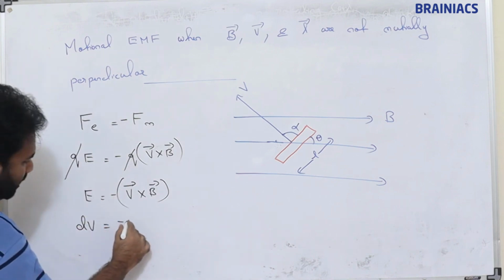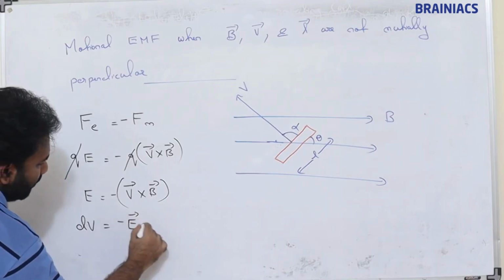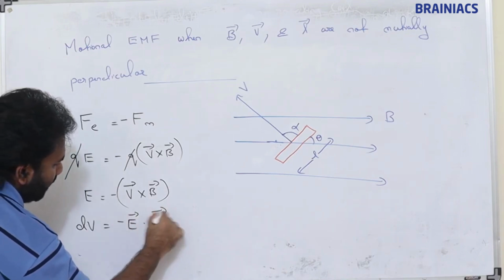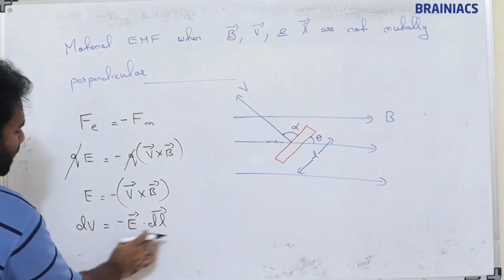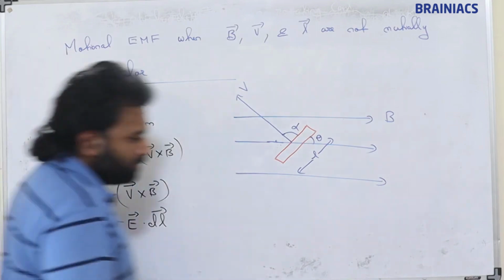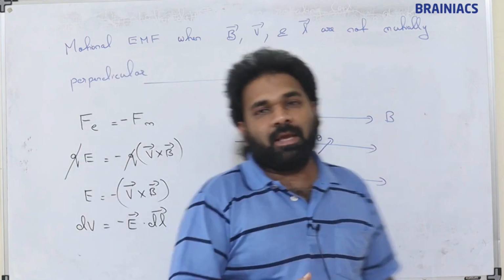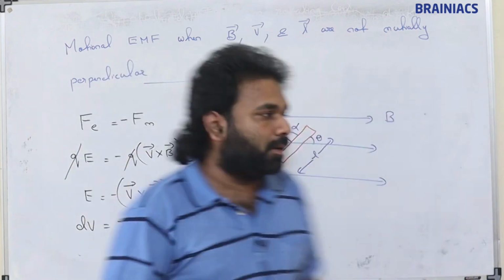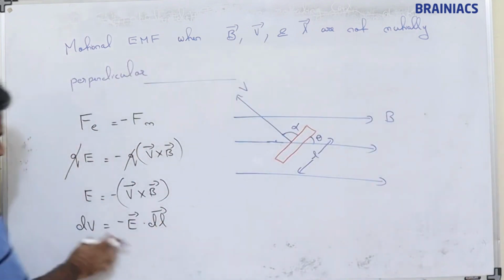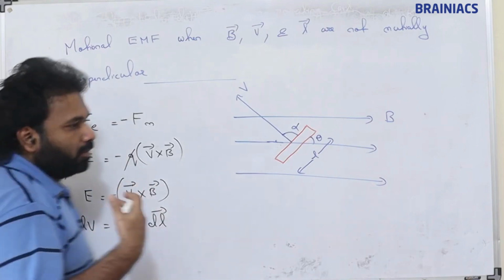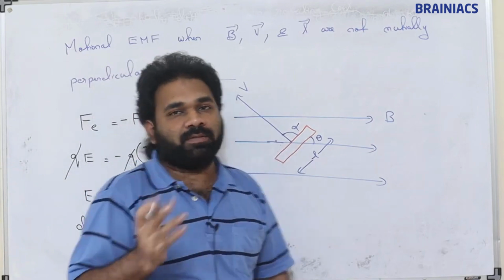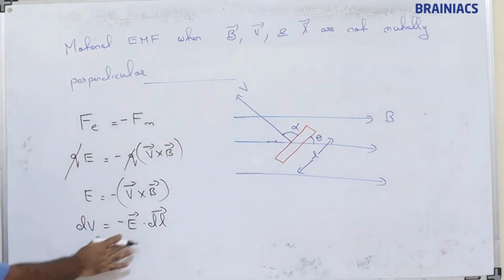So dV is equal to minus of E dot dl. Remember, dV is equal to minus of E dot dl. Sometimes this can be E dot dx or E dot dr, which means for various directions x, y, z. Already we have studied.